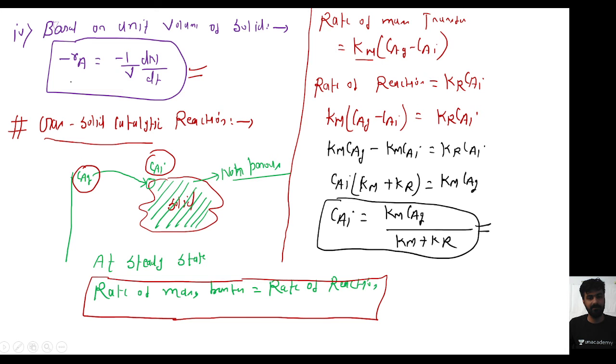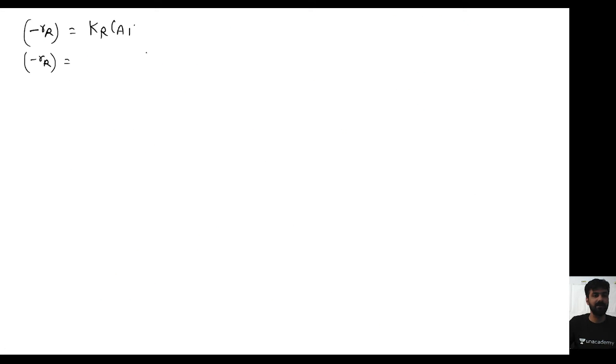Again, can I write my result? Minus of the rate of reaction is equal to Kr Cai. So can I write minus R, the rate of reaction, is Kr times Cai, which we have calculated, that is Kr, and we have calculated Cai as Km Ca gaseous upon Km plus Kr.